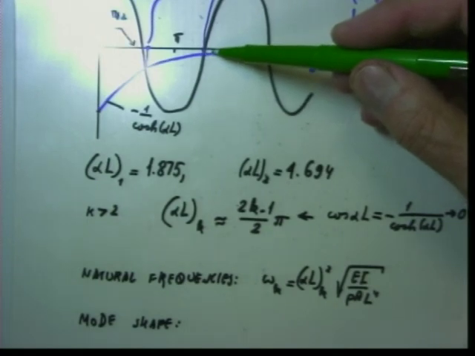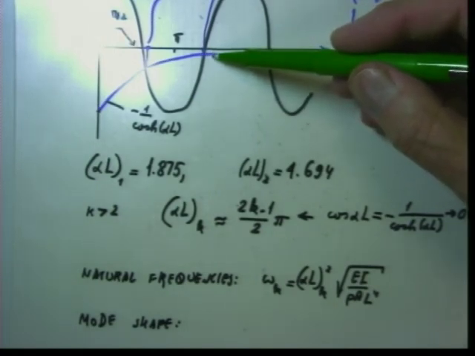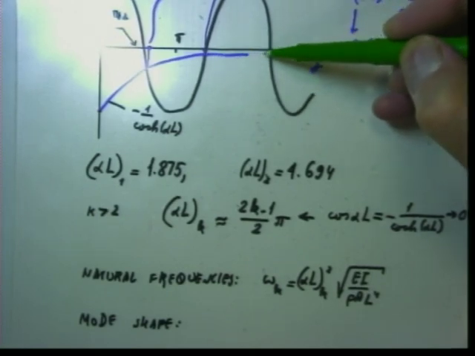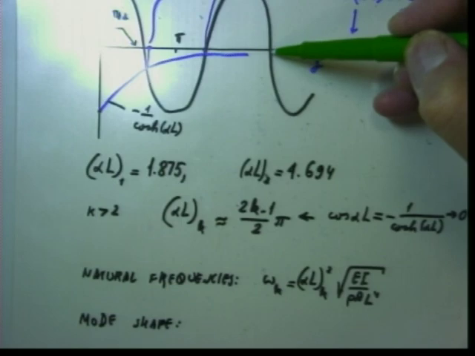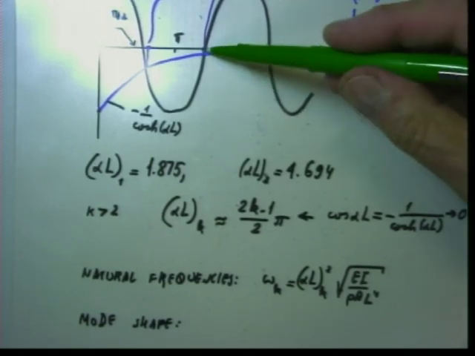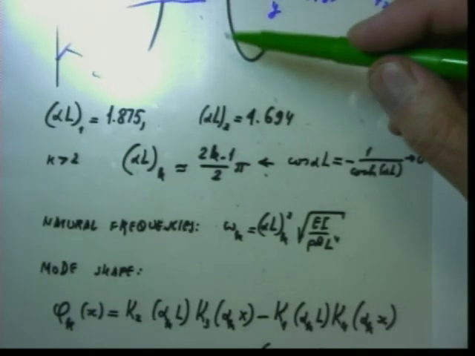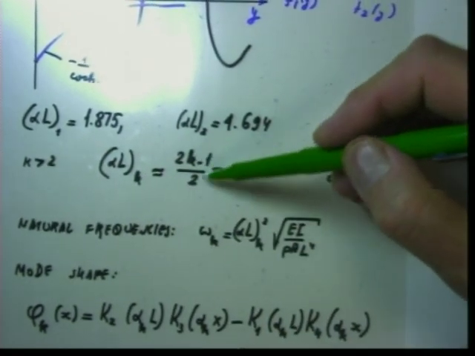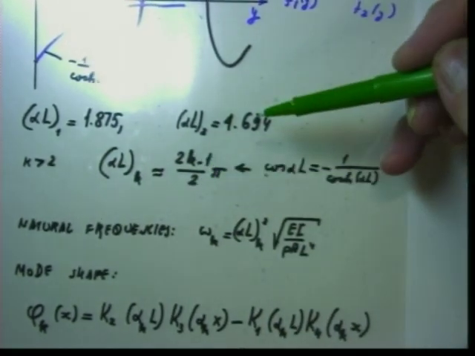But later, paying attention, because this curve, minus 1 over hyperbolic cosine, goes close to 0, then roots are very close to these points. Okay? So for k greater than 2, it is (2k minus 1) over 2 pi.